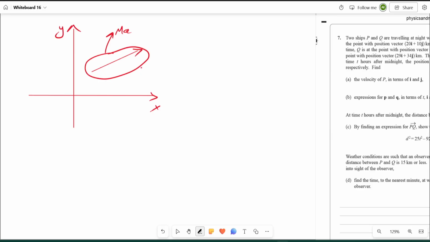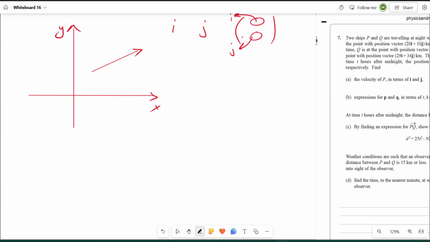All vectors are written in a notation called i and j notation, or there is a notation where you write two numbers on top of each other in a bracket, where the top number is the i and the bottom number is the j. What is i and what is j? i is basically a vector that is 1 unit in the positive x horizontal direction. j is basically 1 unit in the positive y direction.